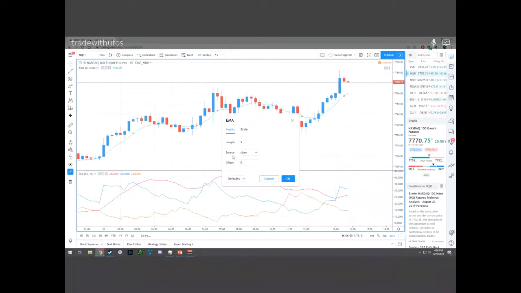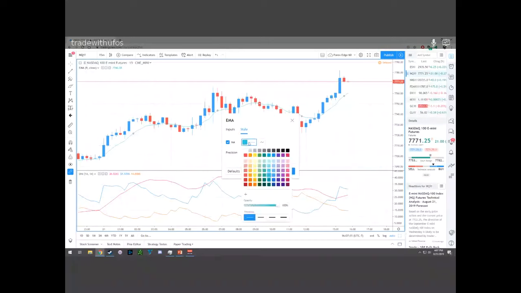So first, for the EMA, we want to leave the inputs themselves as default, because again, we're looking for something that everyone else is looking at so that we can jump on board with new orders coming in. So these we want to stay as default. The style, though, because it's a little thin, I like to make it a little bit thicker, and you can do that by clicking on the left here, this colored box and the line, and on the bottom you can increase thickness.